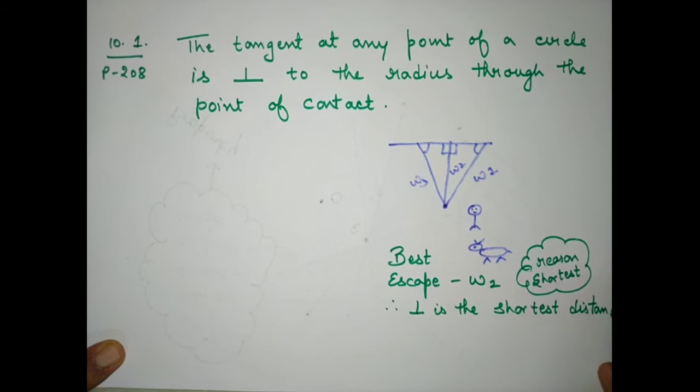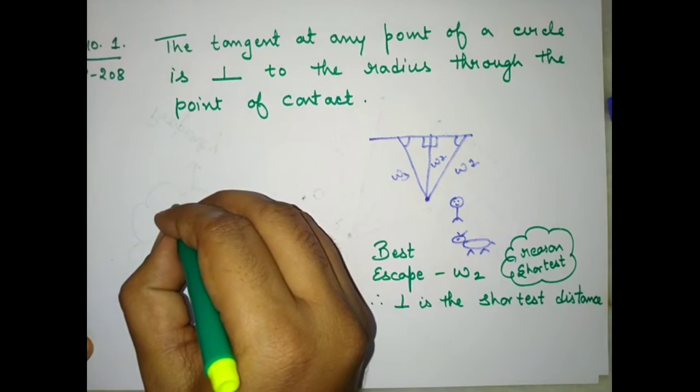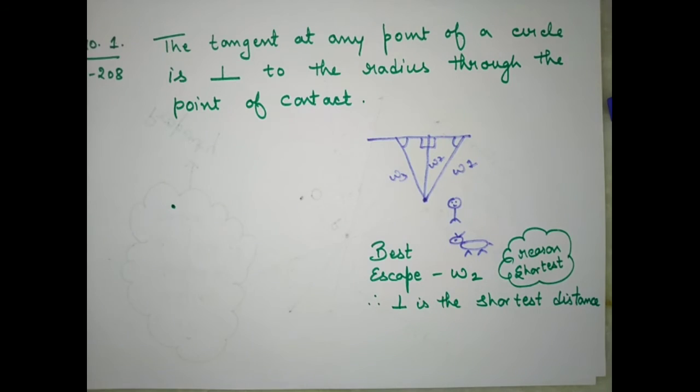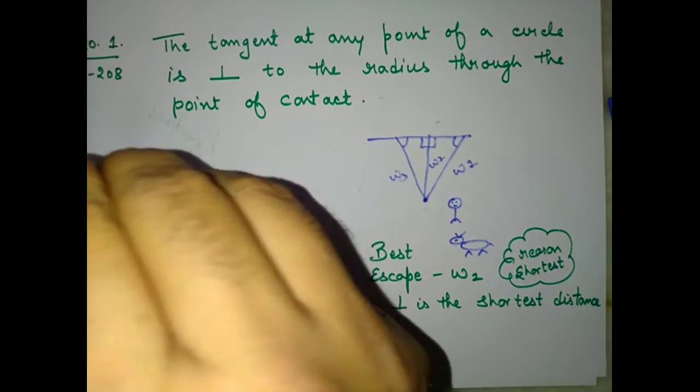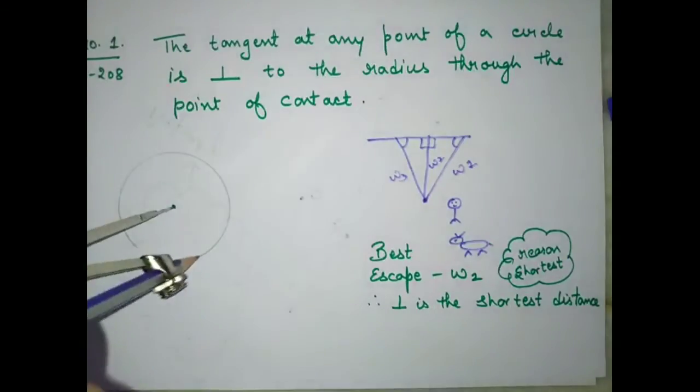Using this property, we will try to prove that the radius is the shortest distance between the center and the tangent. For that, let us first of all draw a circle.